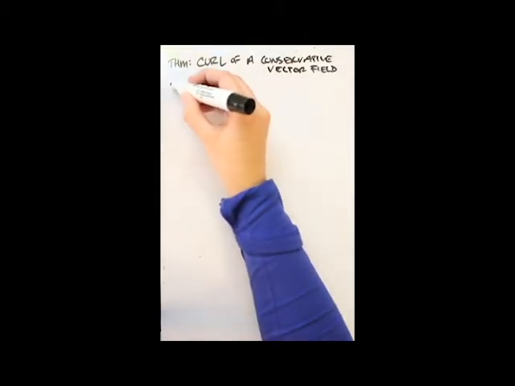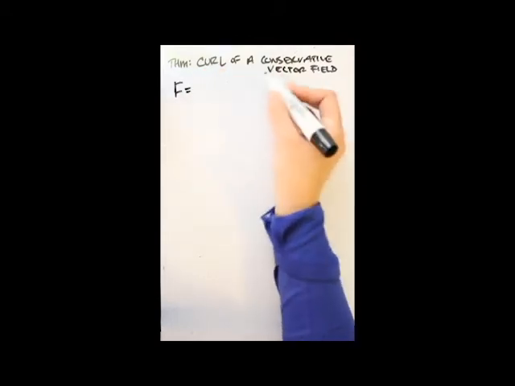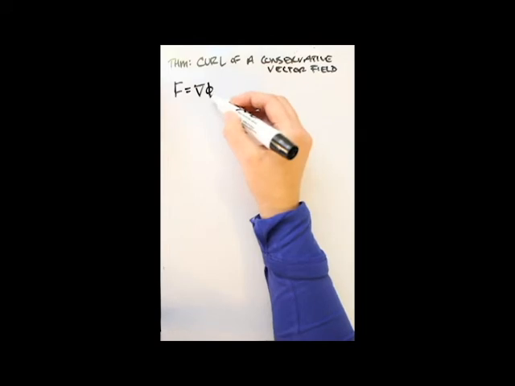So for our vector field f, because it's conservative, f is equal to the gradient of a potential function phi, and we assume this potential function has continuous second partial derivatives on our region.